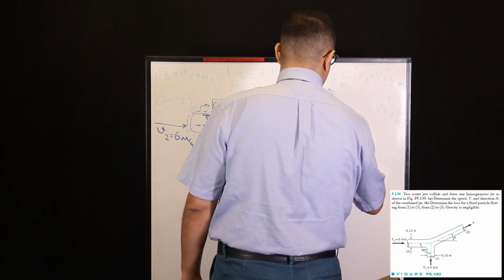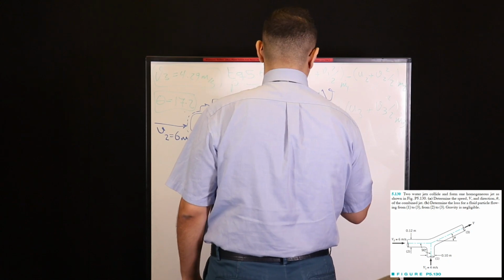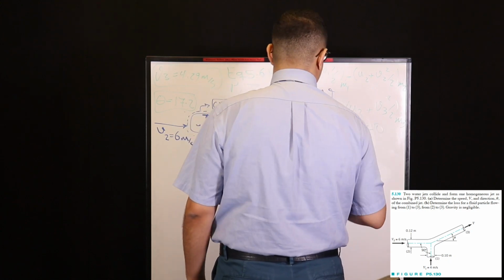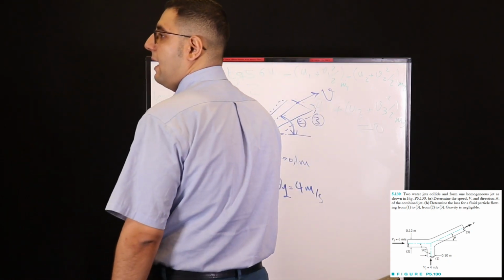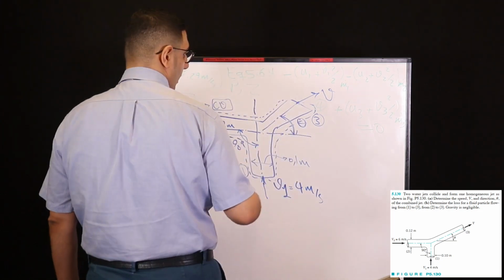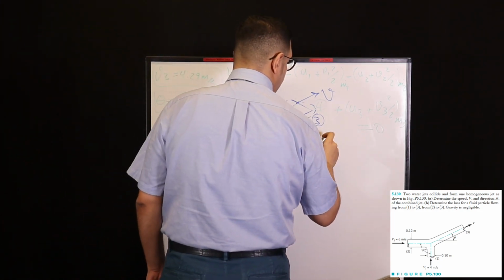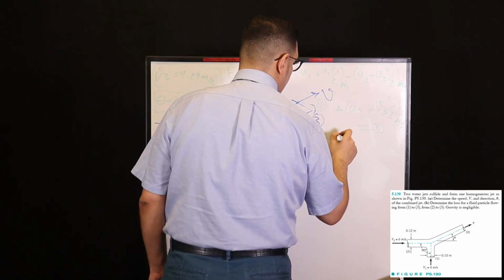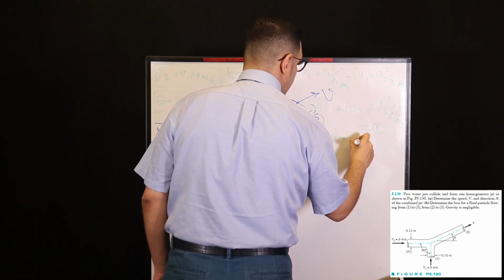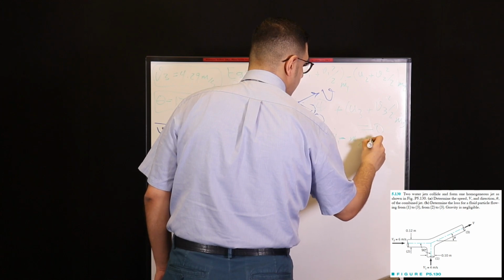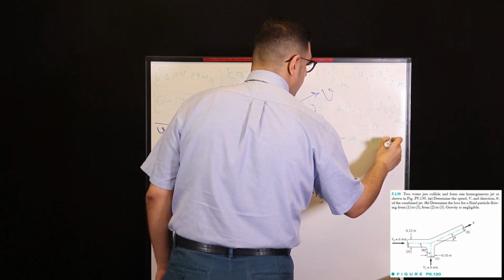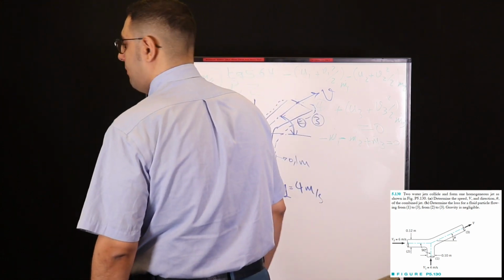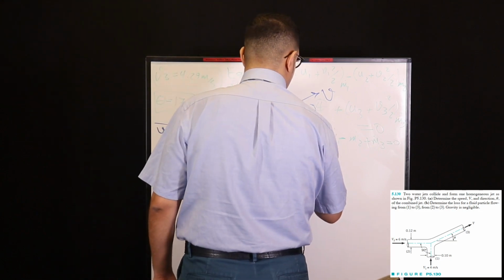This is equation 4, which has to be equal to 0. And also for the conservation of mass, there is another equation, which is minus M1 dot minus M2 dot plus M3 dot is equal to 0, which is equation 5.